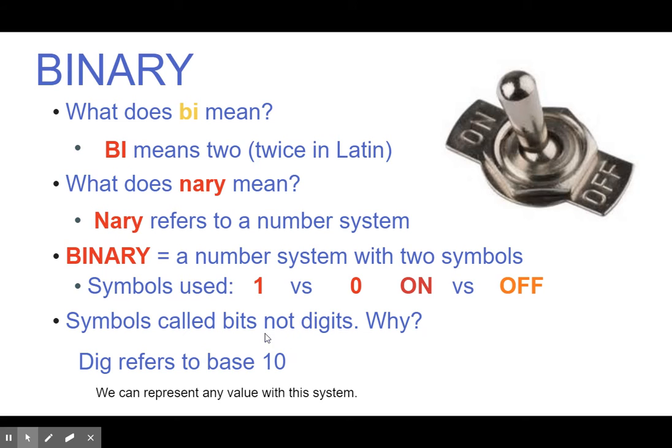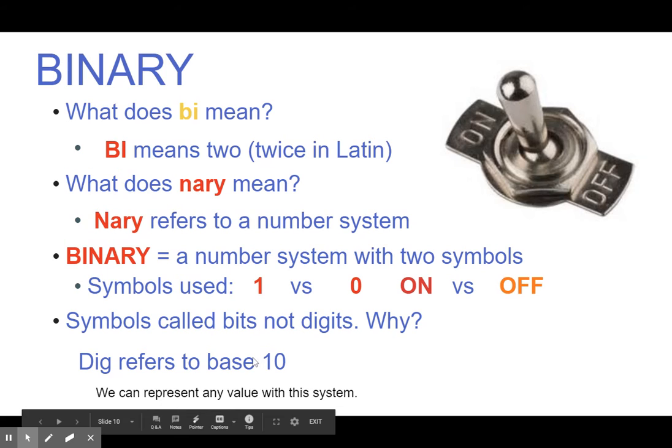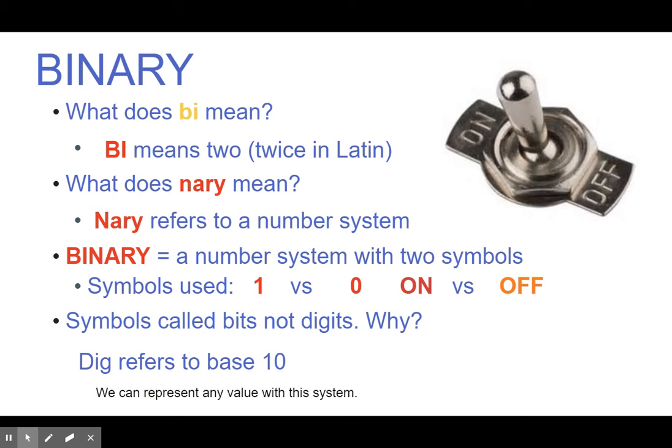In binary, we call them bits. So we drop the DIG part and replace it with the BI part. Using those symbols, just like with denary, we can represent any value. The only difference between binary and denary is that this system only uses two symbols, but we could still represent any value that we want.